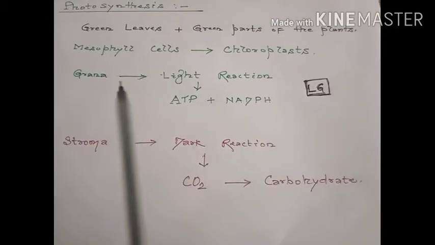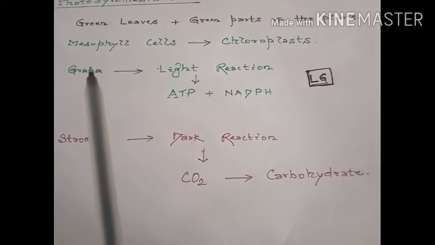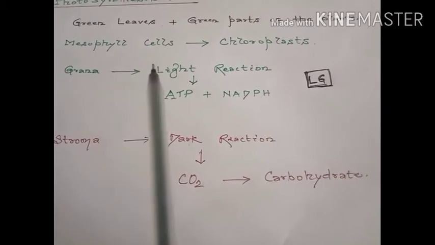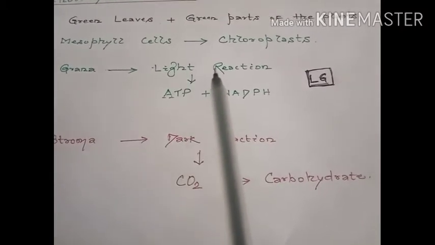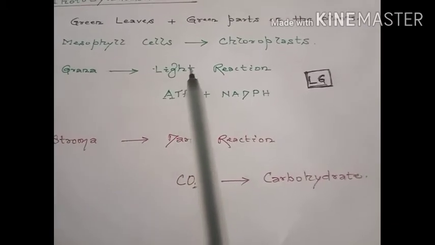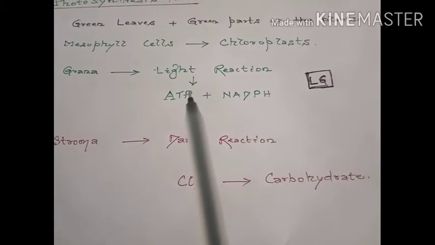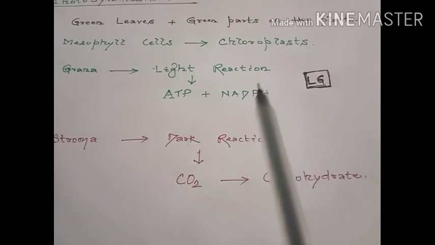So the grana, which are made up of thylakoid units, help to trap the solar energy, and in the light reaction they help to make ATP and NADPH.